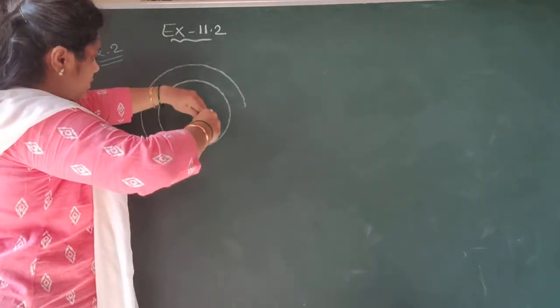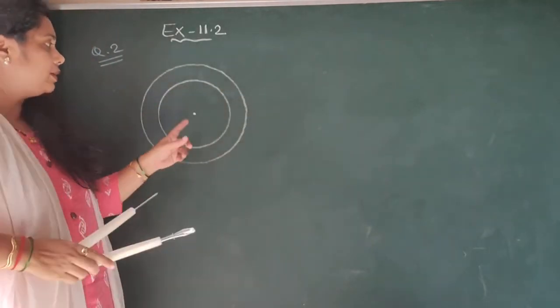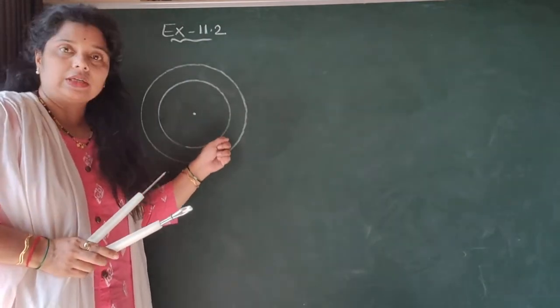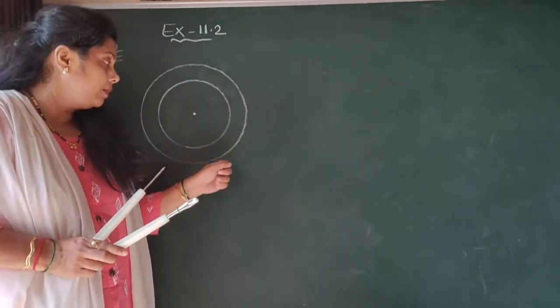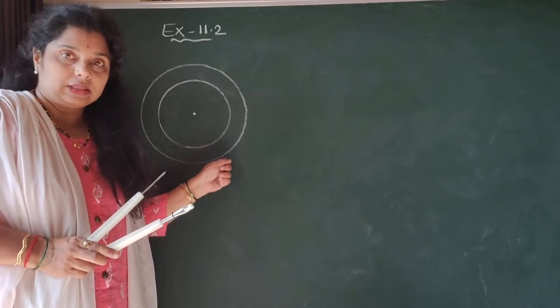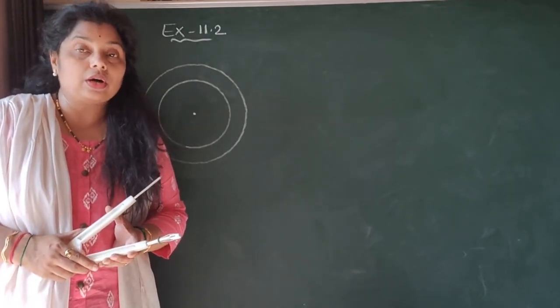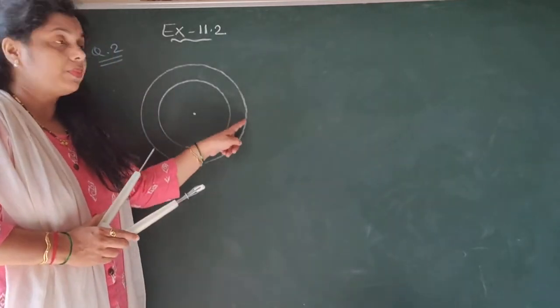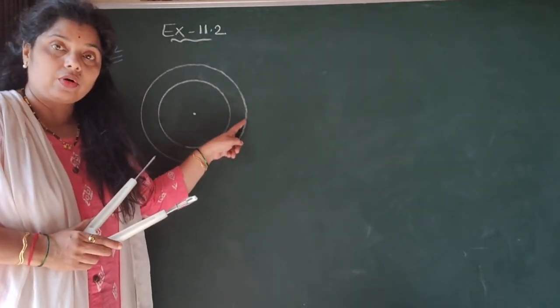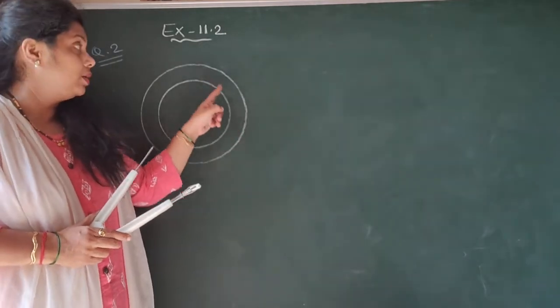So in this way we have two circles, a small circle with 4 radius and a big circle with 6 radius.